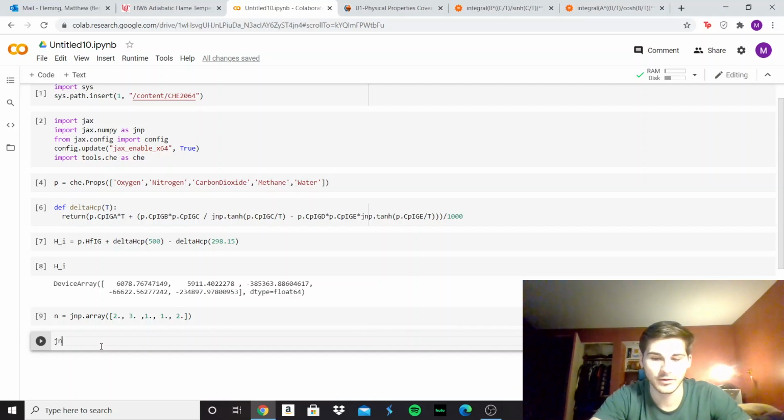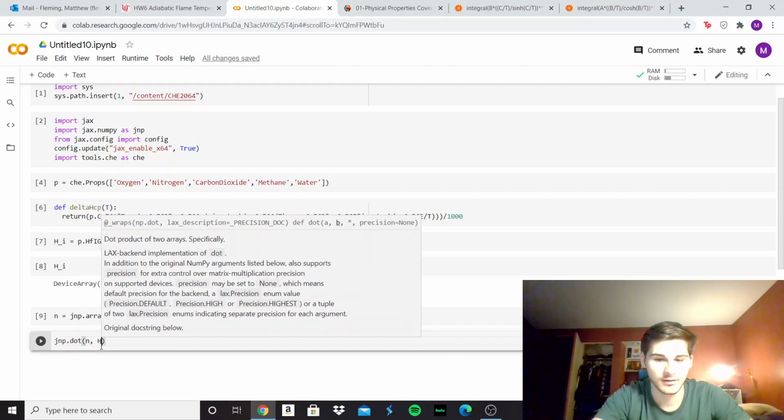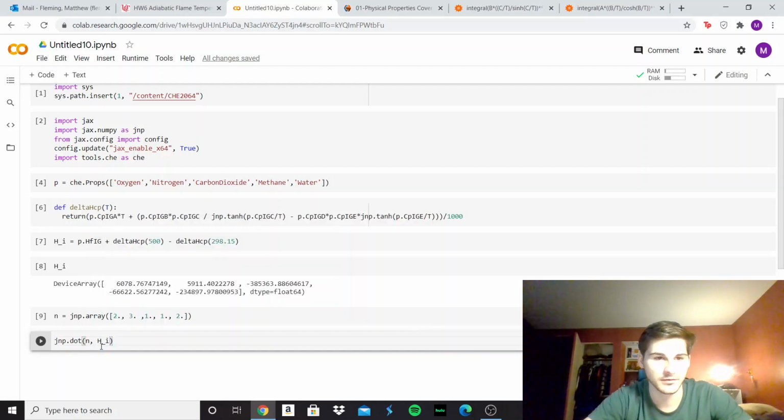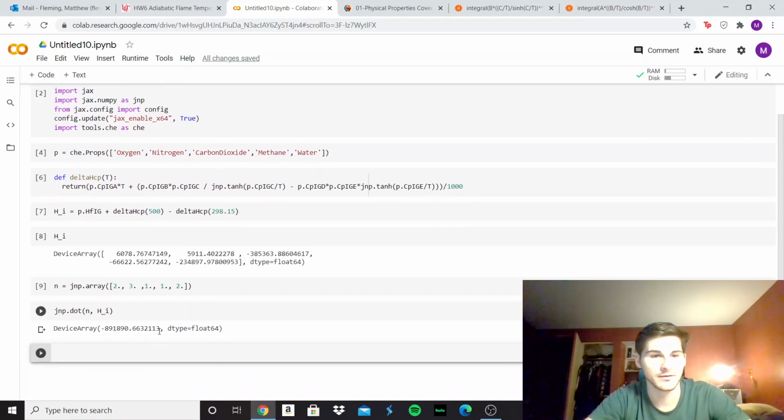So we can just do a dot product of N and H sub I, which is the change of enthalpy of each specific species evaluated at 500 degrees Kelvin. And it'll give us this value here. So it's going to tell us that this is the total enthalpy of the stream.